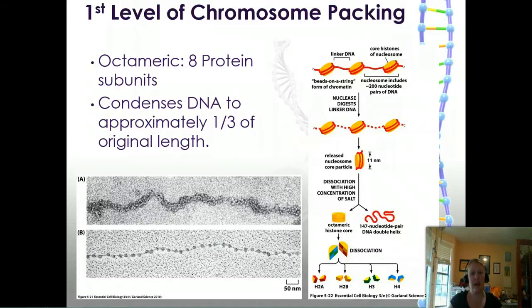And these histones, these big circular histones, are 8 protein subunits together, and you can see how they're broken down. We have 2 H2As, 2 H2Bs, 2 H3s, and 2 H4s. And this helps take DNA to approximately 1/3 of its original length. So this is a nice first level of packaging.